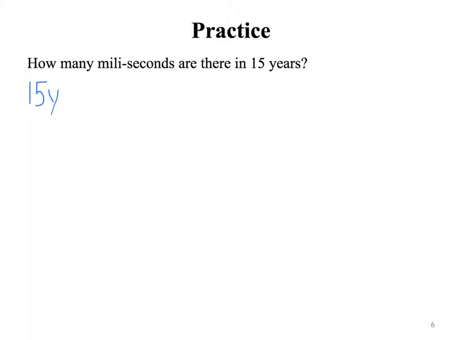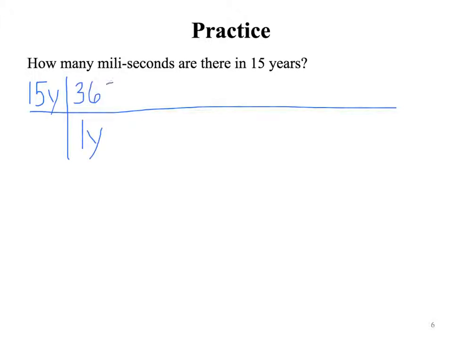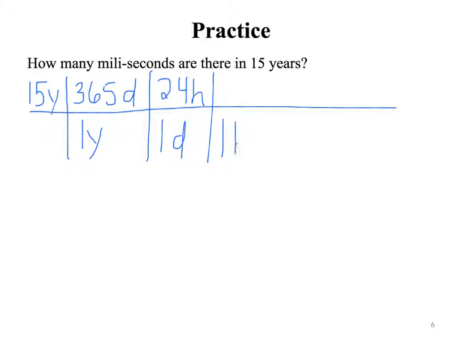Now I'm just going to start canceling out units until I get to milliseconds. So I know that in 1 year, there are 365 days. I know that in 1 day, there are 24 hours. I also know that in 1 hour, there are 60 minutes.